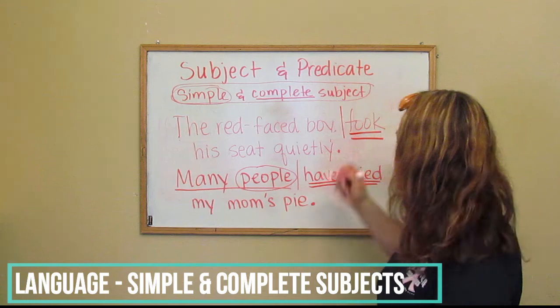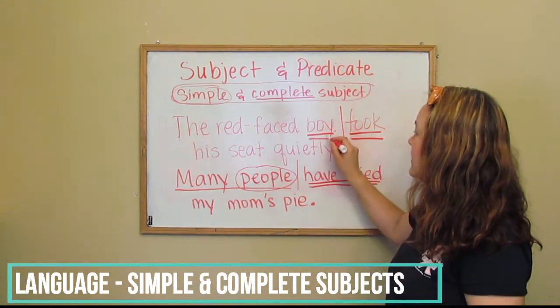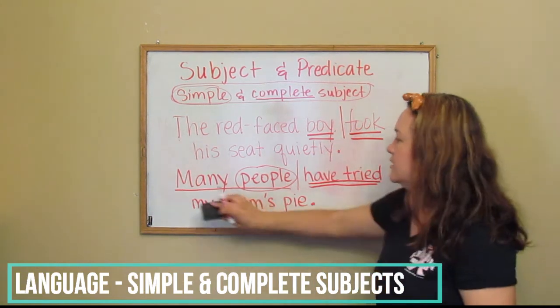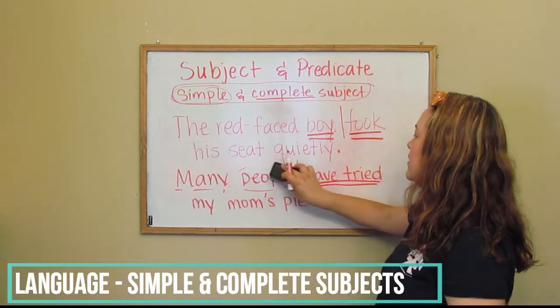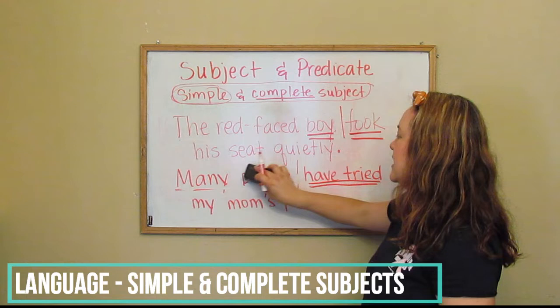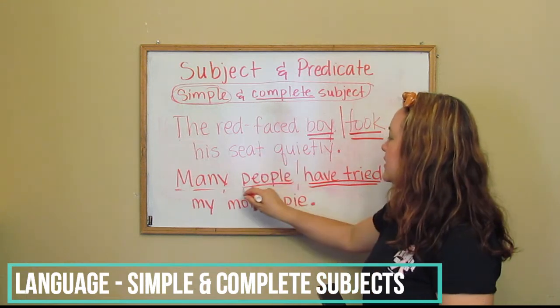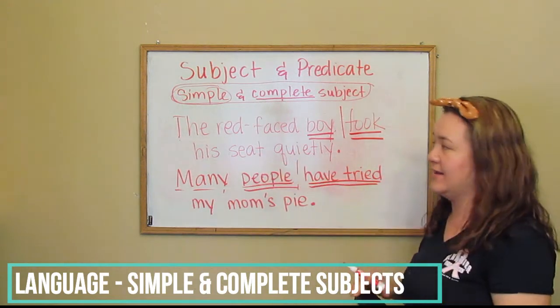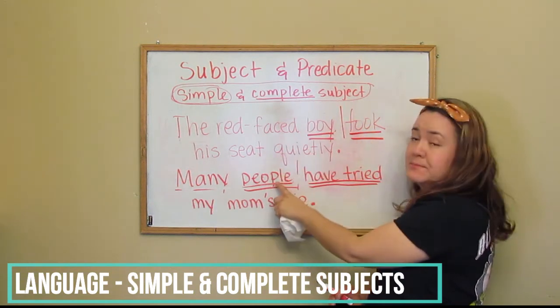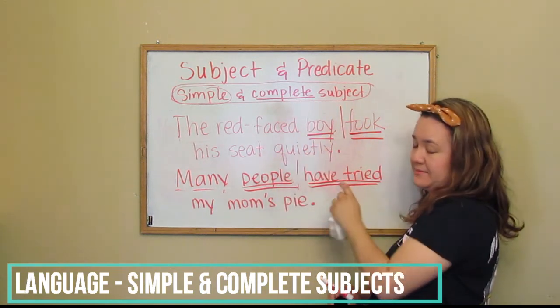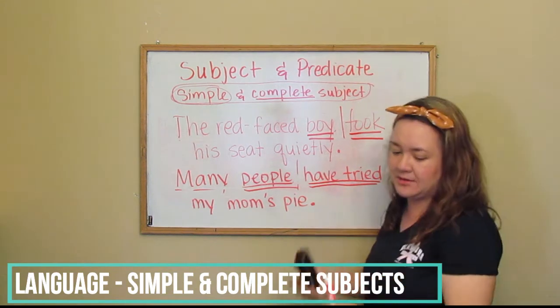All you have to do is double underline boy, double underline took. You don't have to underline many people. All you have to do is double underline people and double underline have tried. Our simple subject, our simple predicate, our simple subject, our simple predicate. So it changed up a little bit for us.